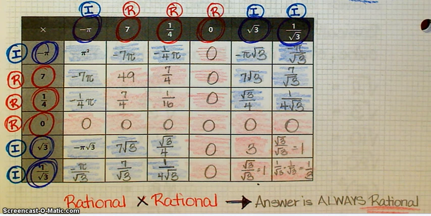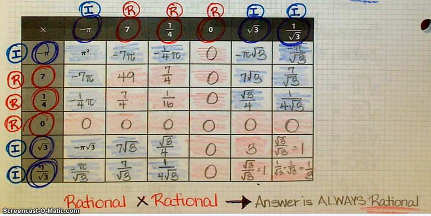Okay, so take a moment and carefully put the products from each of the multiplication problems into their appropriate box. And then you'll notice that this time there are more red answers for rational than there were the first time.